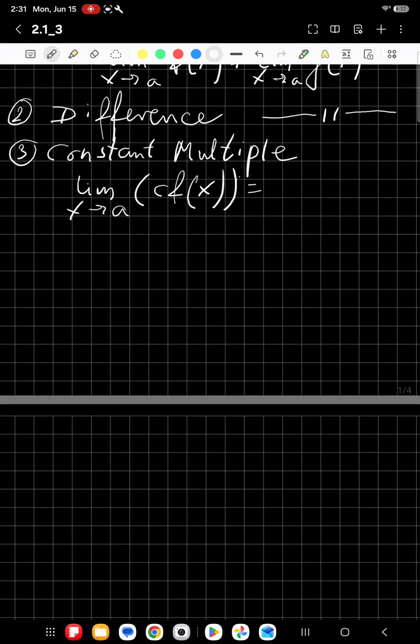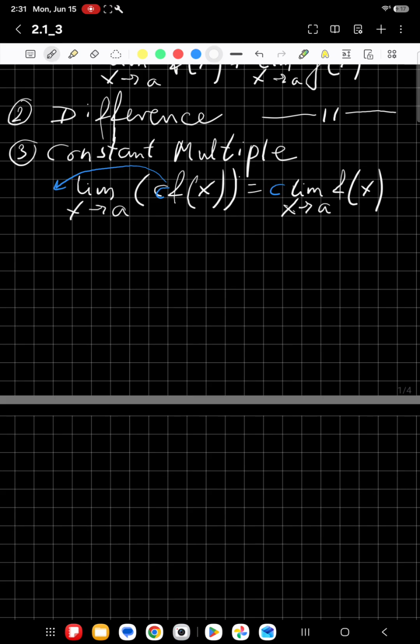What I can do is take that c completely out and put it in front of the limit. So we have c in front of the limit with x approaching a, and now I have the function, f of x.